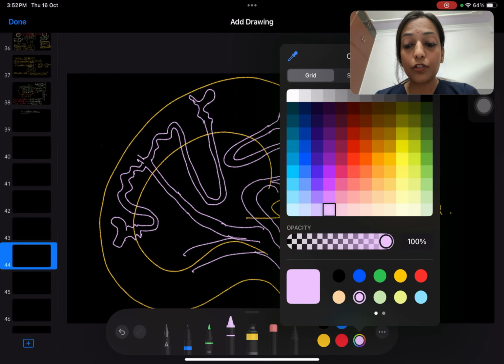Those nephrons whose loop of Henle goes up till the medulla are known as medullary nephrons. Those that stay in the cortex are known as cortical nephrons. Most of the nephrons are cortical nephrons, very few are medullary nephrons, right?